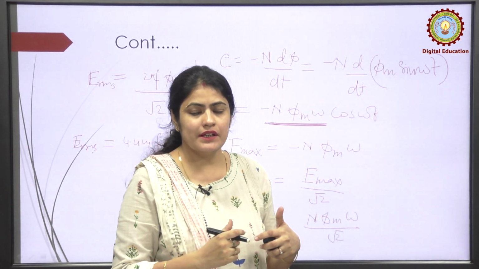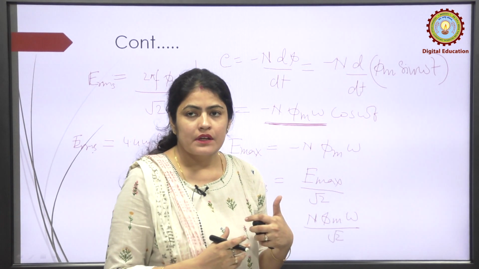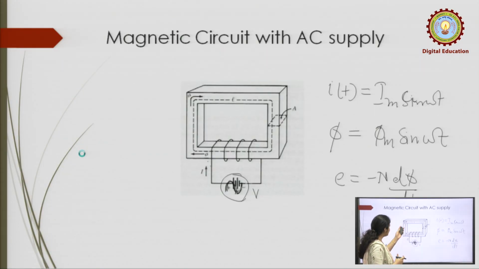If the magnetic circuit contains one coil, this EMF is induced in the coil. So you see that this is the magnetic circuit with the AC supply, and here the EMF is induced, and the polarity is such that it follows KVL.